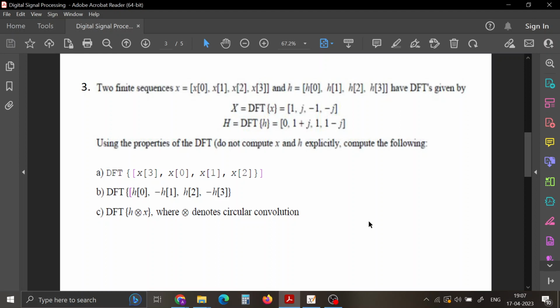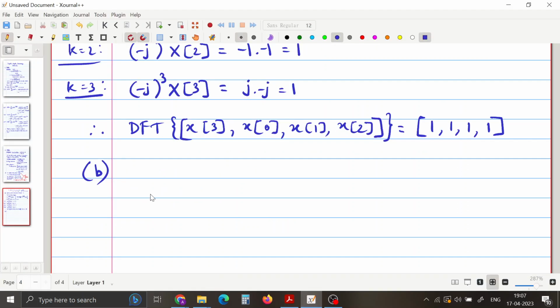So let's do that. We need to find the DFT of this sequence.